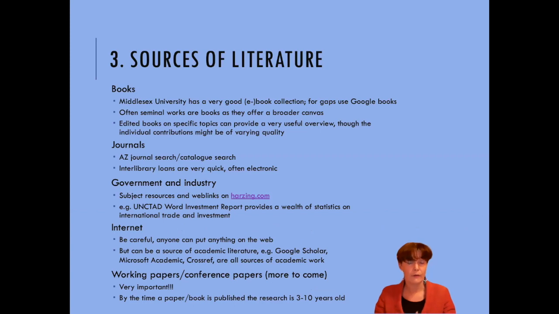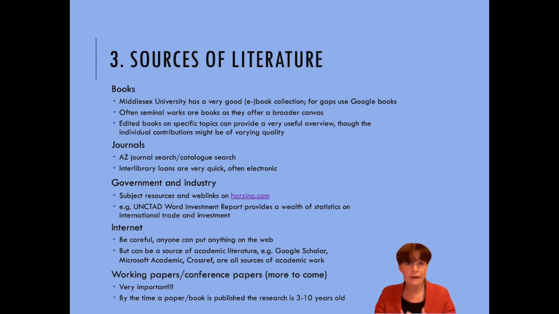Well, first of all, if we look at the sources of literature that are available, books are a very good source. Middlesex University has a very good book collection, some of them e-books, some of them print books. If there are any gaps and you can't find the books you are after, you can go for interlibrary loans or simply use Google Books, which in many cases has a substantial part of the book online.